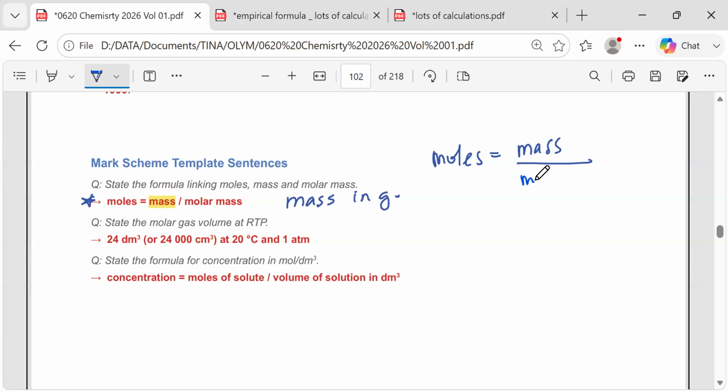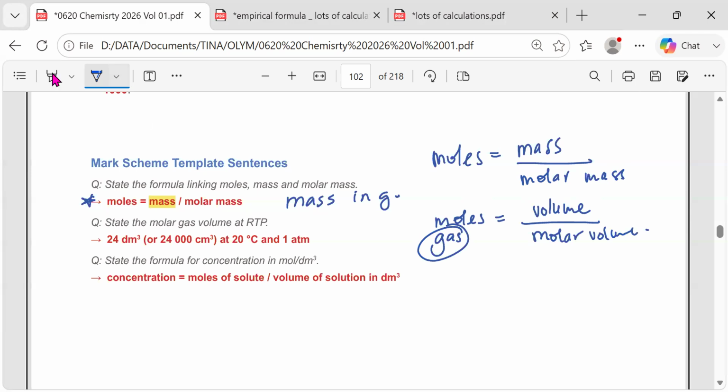Mass over molar mass. The second formula we just learned, amount of moles, only for gas, is volume over molar volume. And this one they already tell you molar volume is 24 decimeter cube.